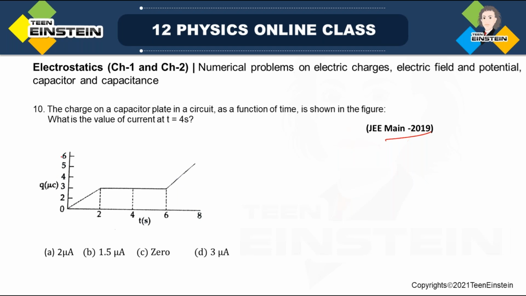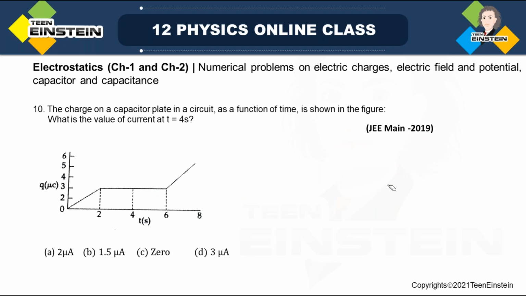Look here, there is a capacitor which is connected to some battery, and it is getting charged. As the capacitor is getting charged, the charge on the capacitor varies in this way with respect to time.